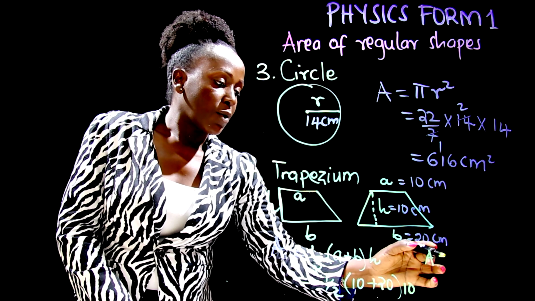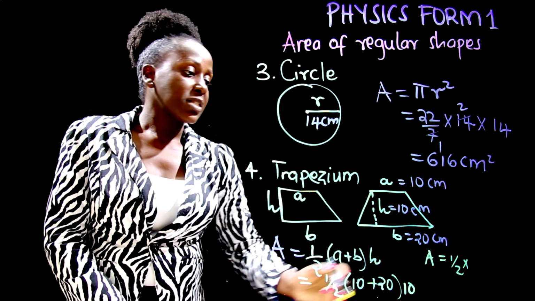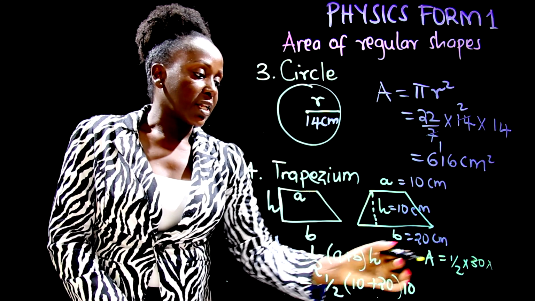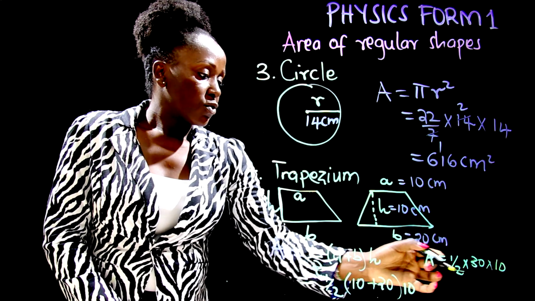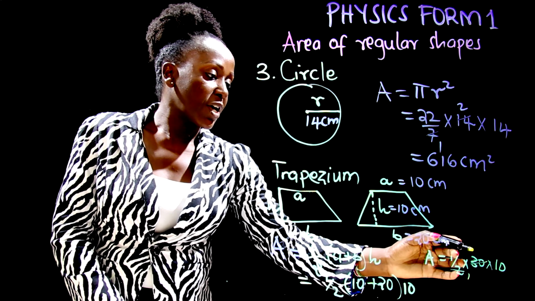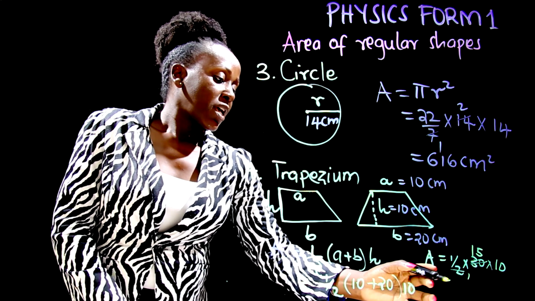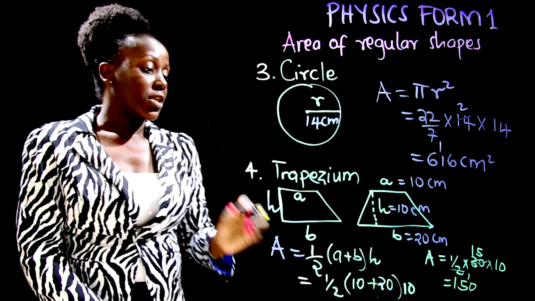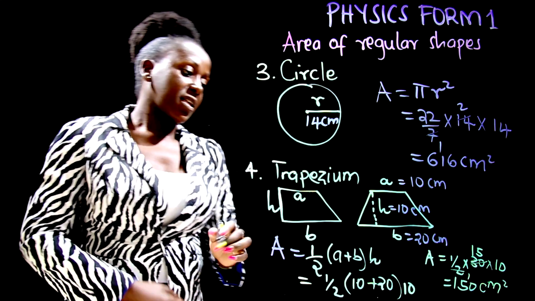Now area will be equal to a half times 10 plus 20 is 30 times the 10. So simplifying this, 2 divided by 2 is 1, 30 divided by 2 is 15. So 15 times 10 is equal to 150. Do not forget the units, 150 centimeter squared.